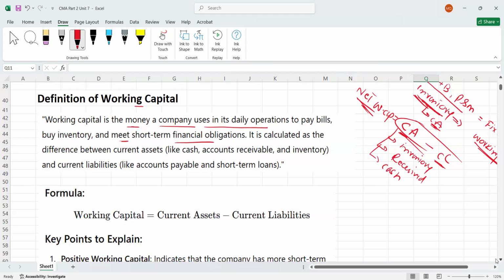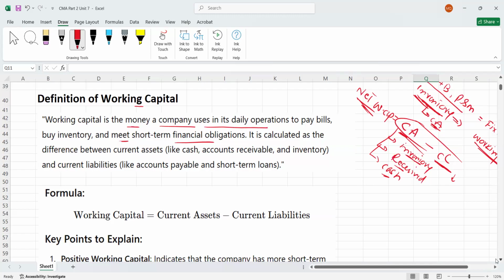But here in working capital management, under current assets, we will learn how to manage inventory, receivables, and cash, because these are generally the main items of current assets. Then the current liabilities are those liabilities which, as a business, we generally settle within one accounting period or operating cycle, whichever is longer.